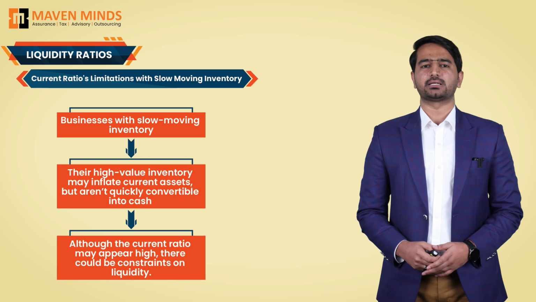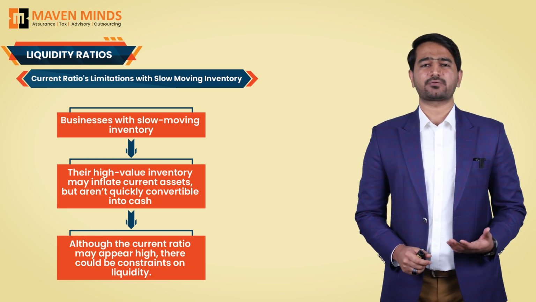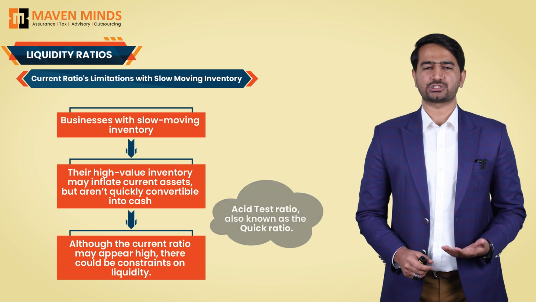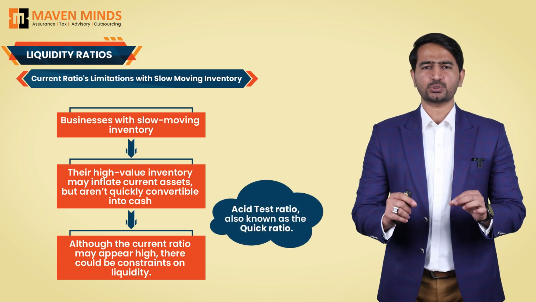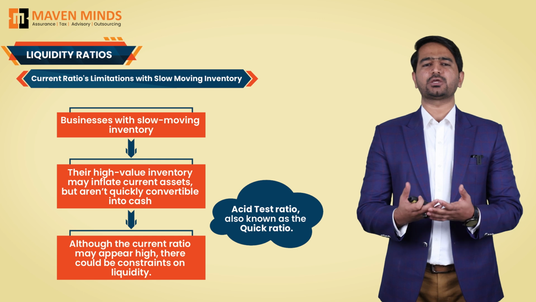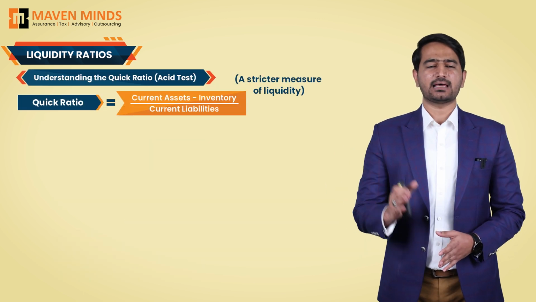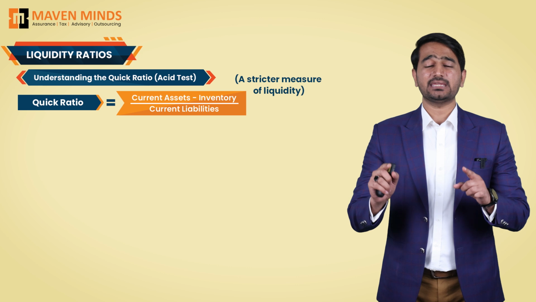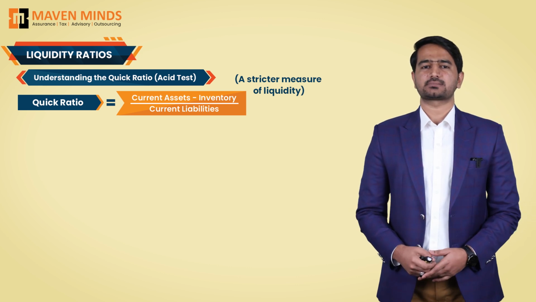Given this limitation, we turn to another metric, the acid test ratio, also known as the quick ratio. This ratio is a stricter measure of liquidity. It is calculated by taking current assets, subtracting inventory, and then dividing by current liabilities.